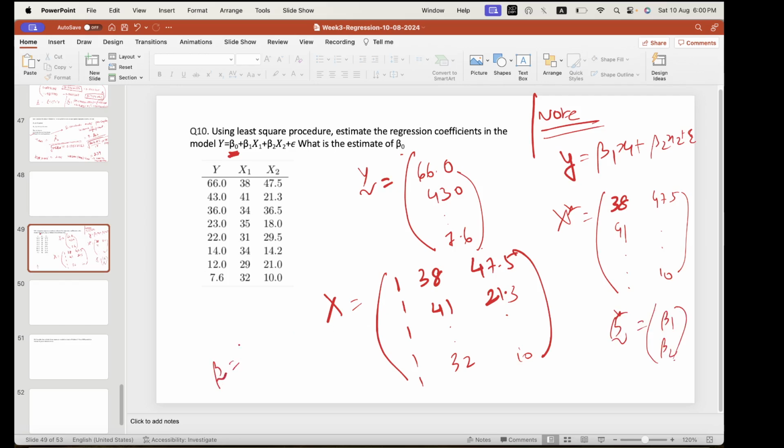In this case, your beta will have beta naught, beta 1 and beta 2. So be very careful how you are formulating this, and the formula remains the same, so you would be able to calculate it. That won't be an issue.